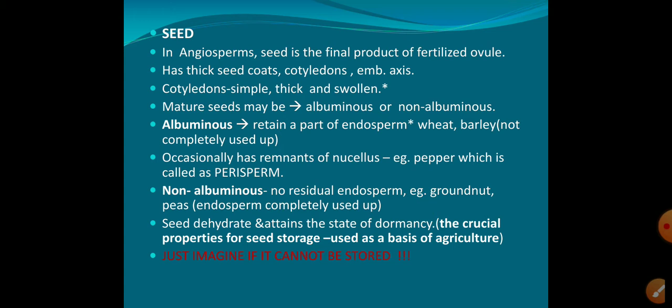If it is not stored, you cannot use the seeds for raising the crops year after year. So that becomes impossible. So the seeds' quality of getting dehydrated and attaining the state of dormancy is an important property which is used as a basis of agriculture.